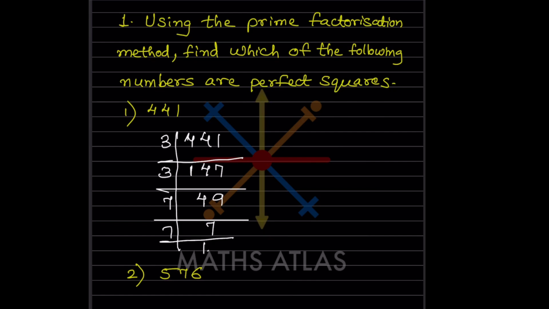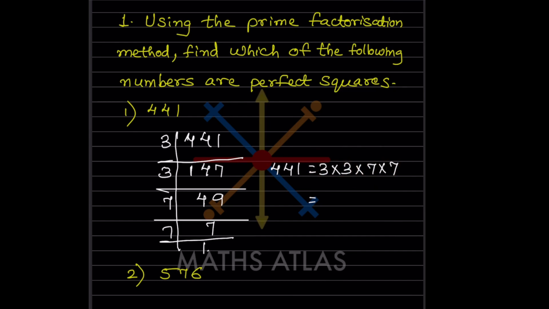Whatever we get here, these are the factors of 441. So we can write 441 as 3 into 3 into 7 into 7. Now we see these are in pairs, so this will be 3 squared and 7 squared.